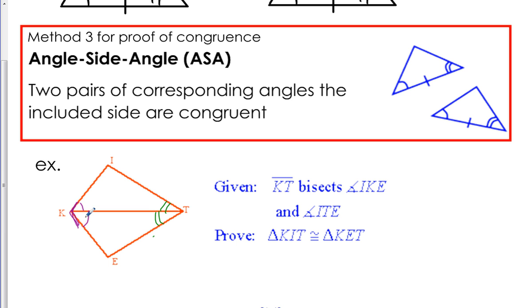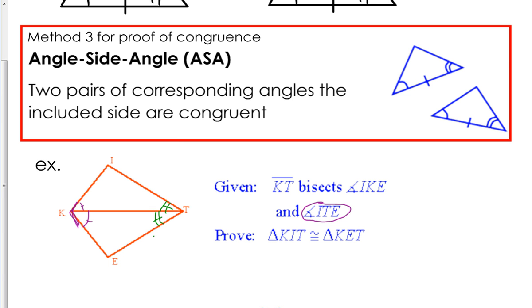So both big angle K and big angle T are being bisected, which means IKT and EKT are congruent to each other. If you want, you can use this little hash mark in addition to the arc. And it means that ITK and ETK are also congruent to each other, because ITE is also being bisected by KT.